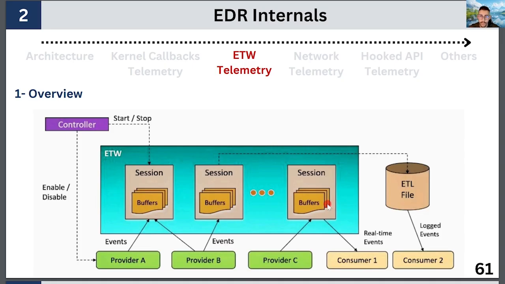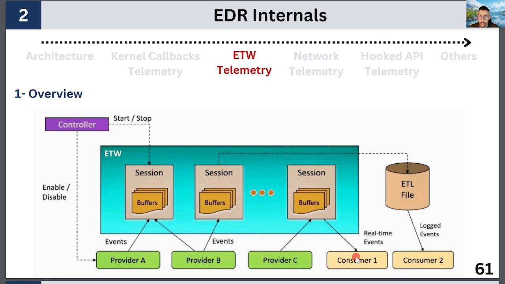Events generated by providers are stored in session buffers in memory, depending on configuration. Real-time events remain in session buffers until consumed, or logged events are written into an ETL, event trace log, file on disk for later analysis.